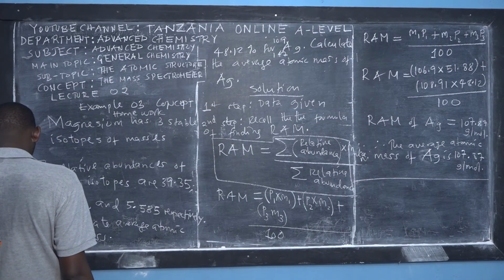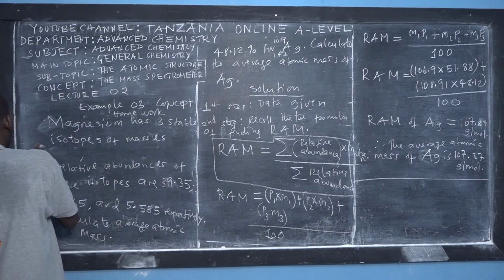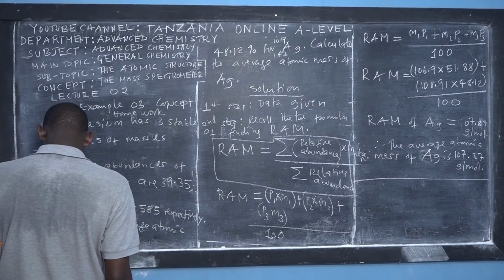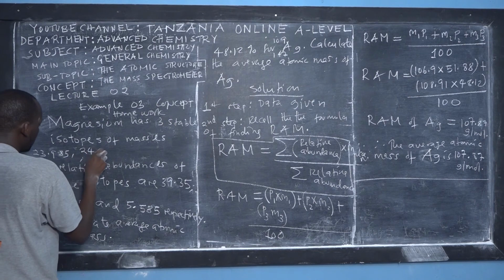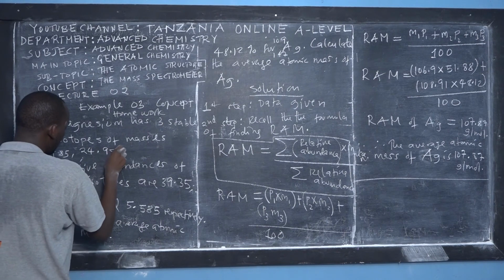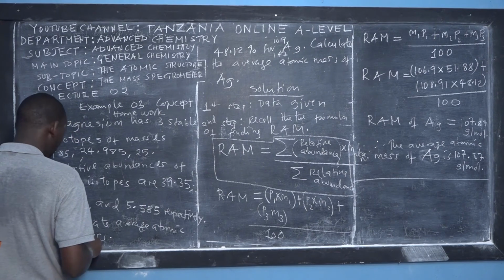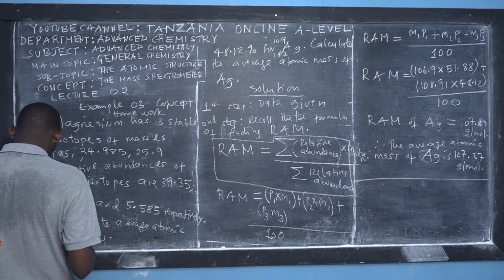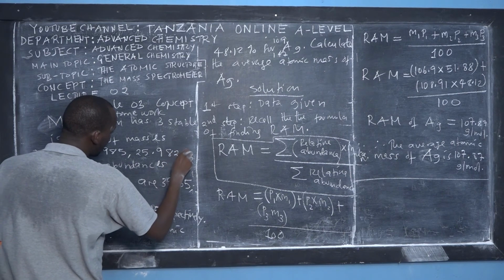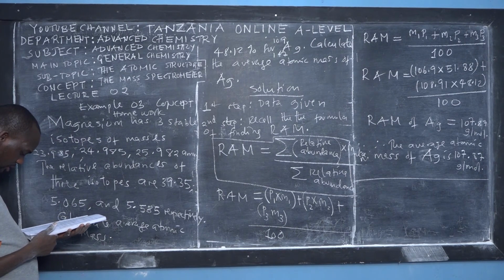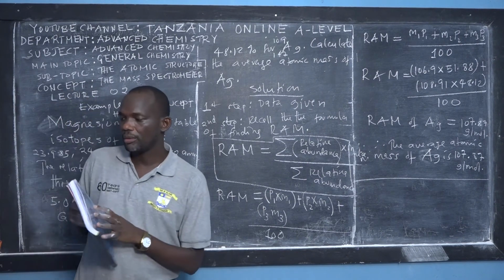So the masses are 23.985, 24.985, and 25.982 atomic mass unit. The relative abundances are 78.99, 10.00 and 11.01. Yeah, everything's correct.